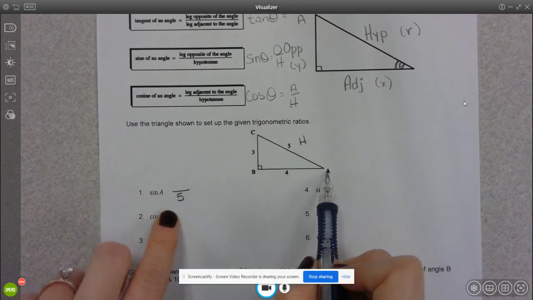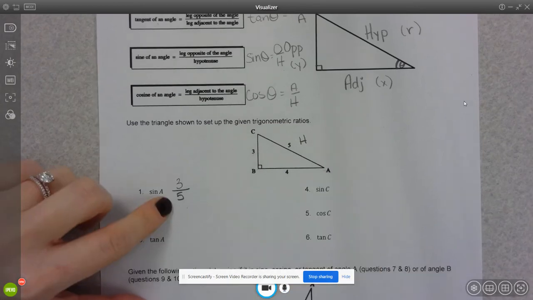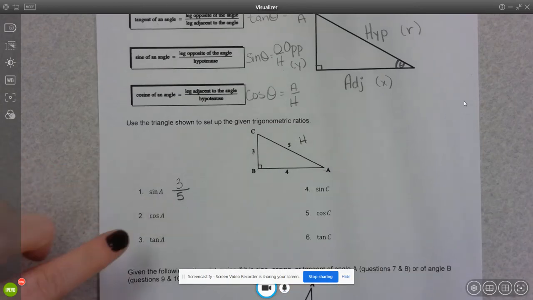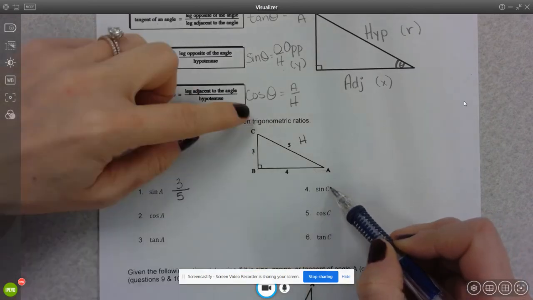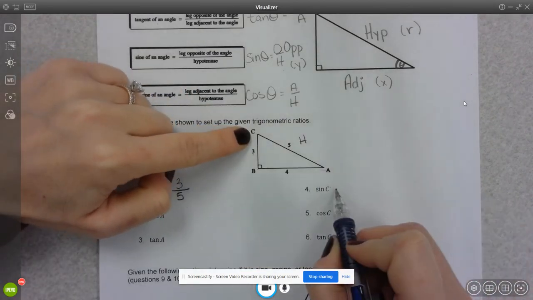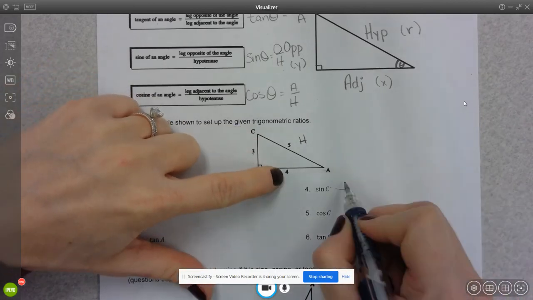So if I'm looking at A, the opposite side of A is 3. So the ratio that represents sine of angle A is 3 over 5. Whereas if I did the sine of C, the opposite side of C is 4.